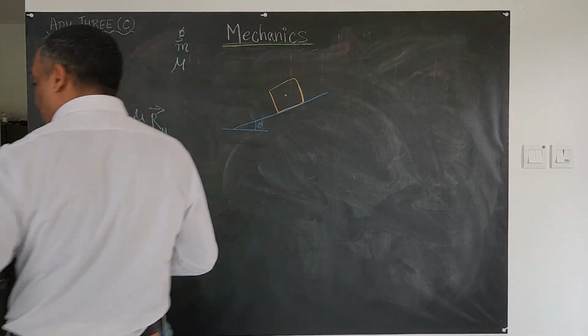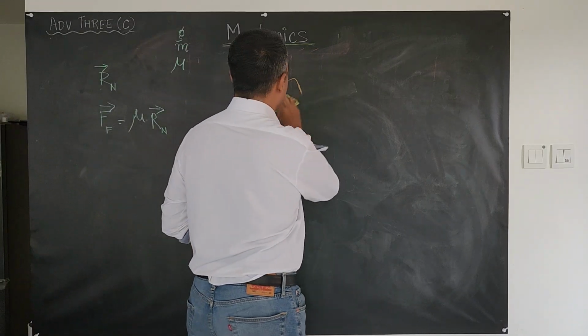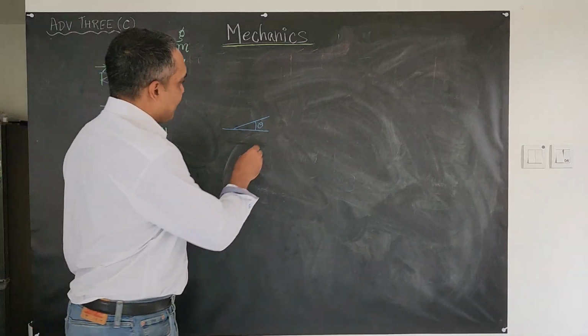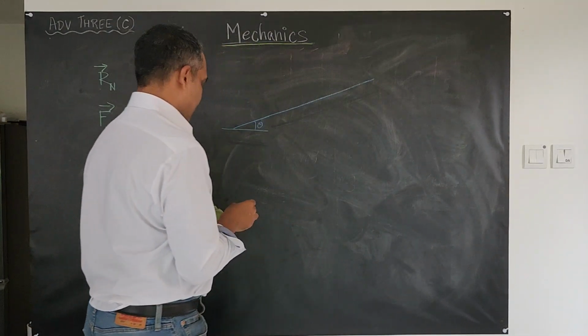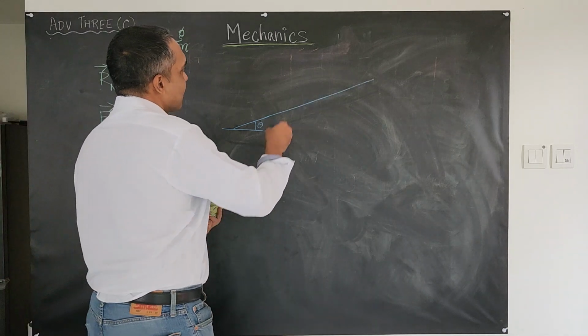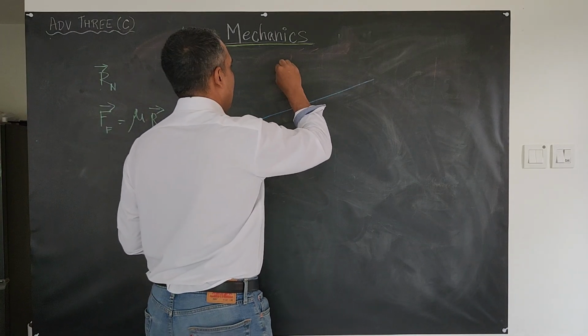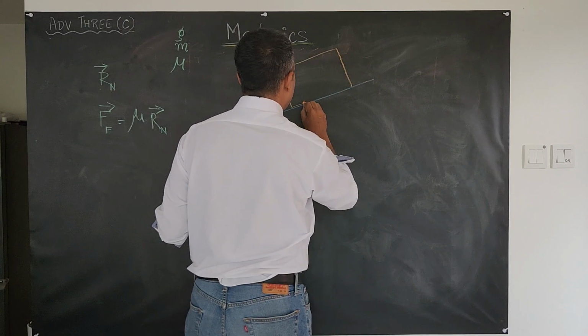I should probably draw my box a little bigger, just so it doesn't get all crowded up here. So let me make that bigger, and my box now is a big box. Yeah, there we go. Lovely.